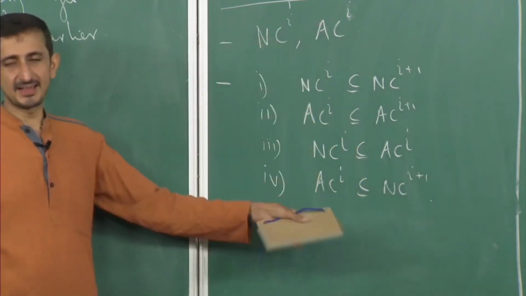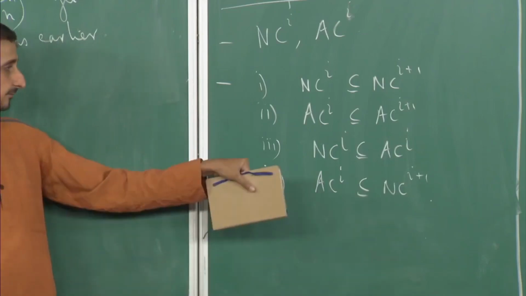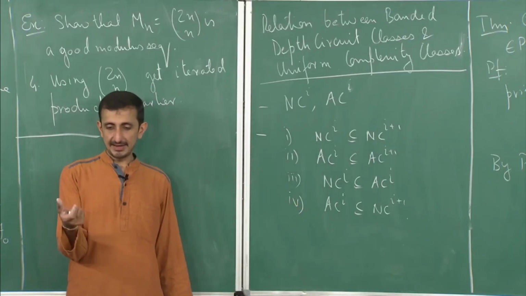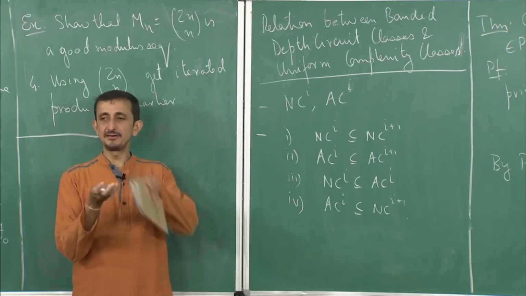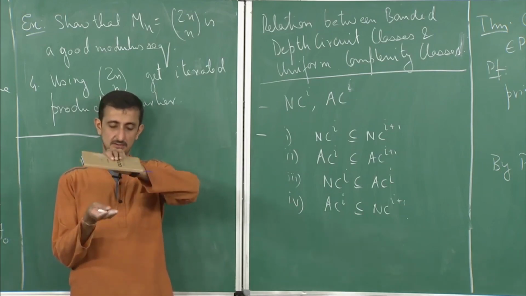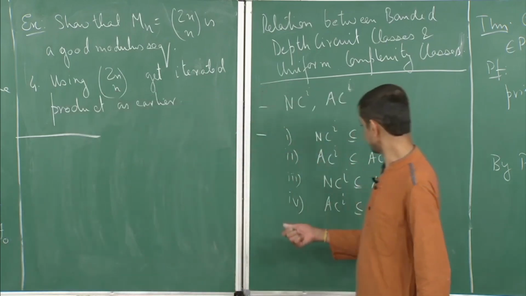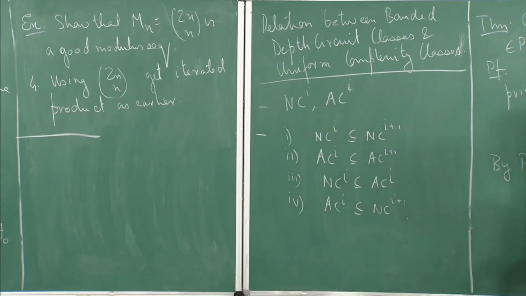Okay. So, the first three follow directly from the definition. The fourth one just follows because I can take every gate of unbounded fan-in and replace it with a log depth circuit of bounded fan-in. Okay. So, that gives me the fourth one.